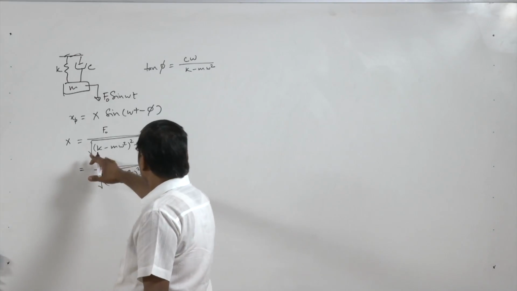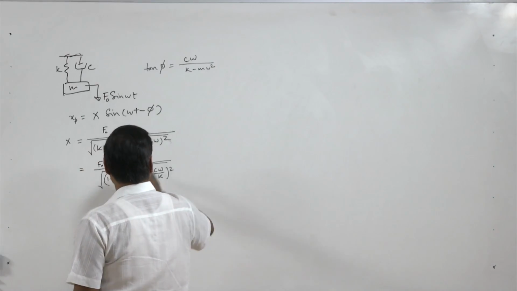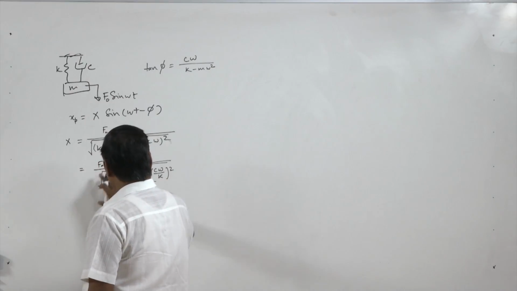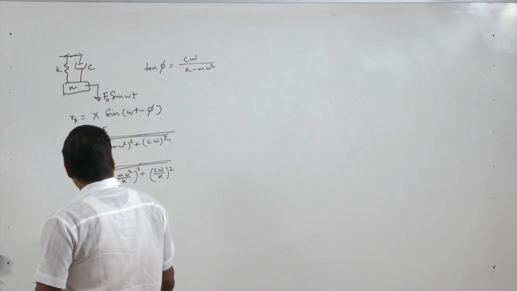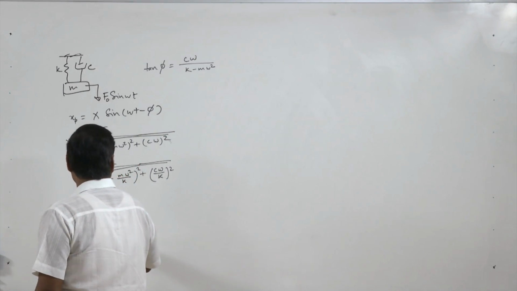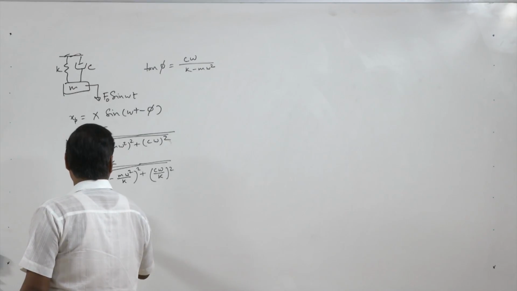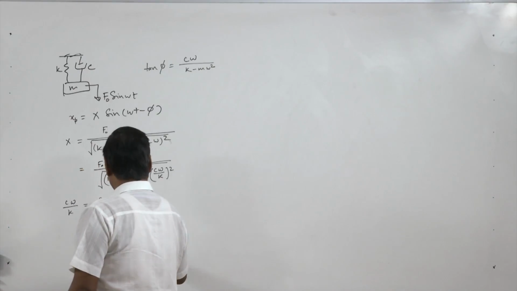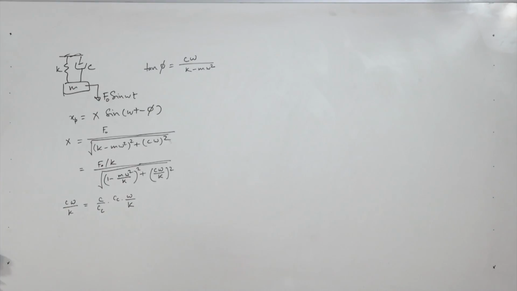We are taking k outside here. We have c omega by k here, and this k will go in the numerator. Now we can write c omega by k equal to c by cc into cc into omega by k. So we multiply and divide by cc. cc is the critical damping, as we have already defined this term.